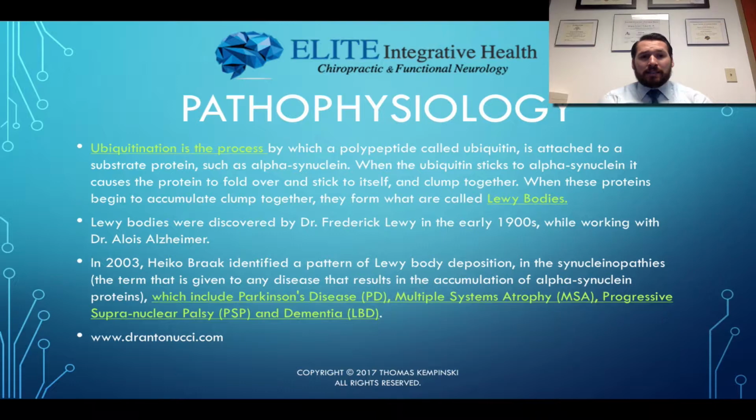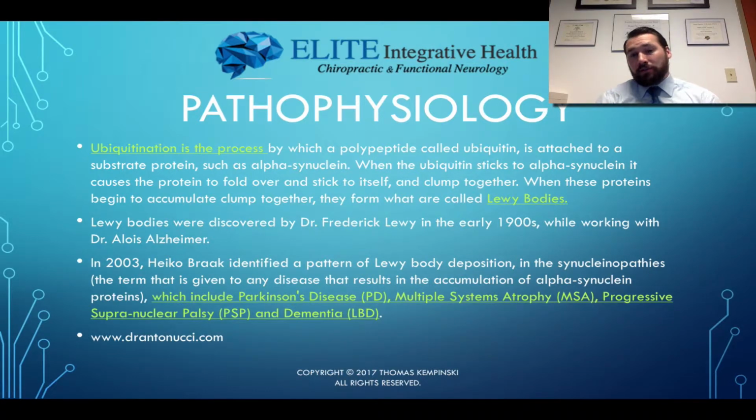A little more recently, in 2003, almost a century later, a gentleman named Heiko Braak identified a pattern of Lewy body deposition. This was how the disease was progressing, a general trend. He found these Lewy body depositions in what we refer to as the synucleinopathies.